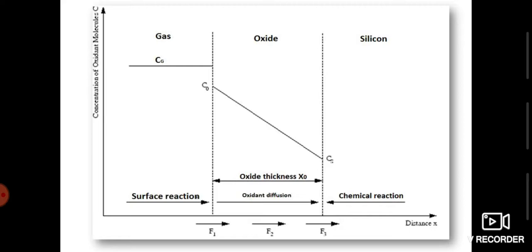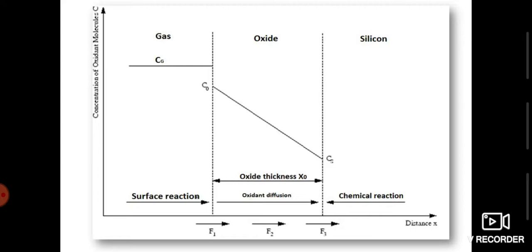And the extreme rightmost region is the silicon region, which consists of the epitaxial layer and the substrate. Moreover, you should note here that there are different concentrations and fluxes.